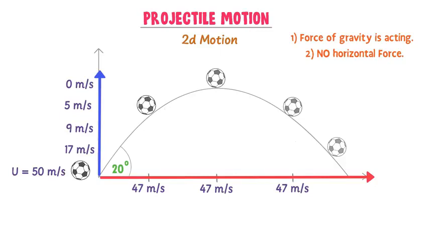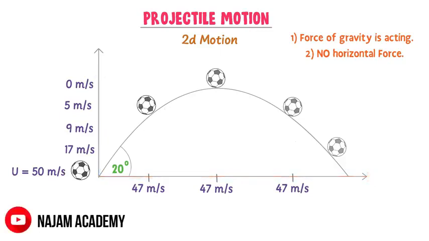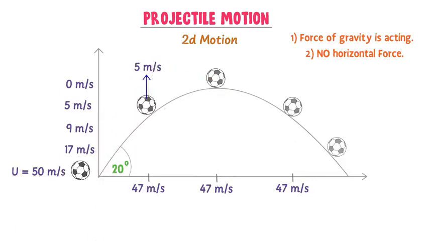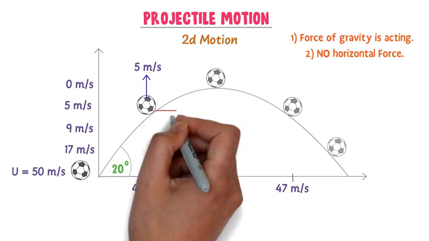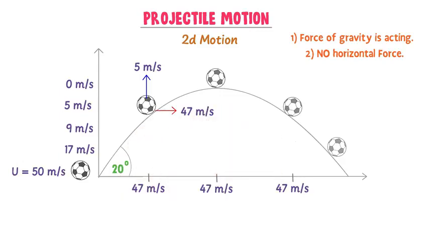Now let me analyze the motion of the projectile or the ball at each and every point, which will further strengthen your concepts. For example, at this point, the vertical motion of the ball is 5 meters per second and its horizontal motion is 47 meters per second.